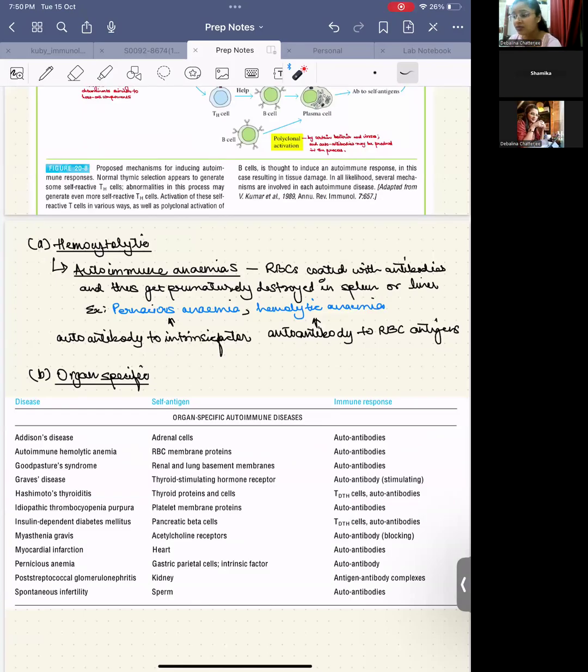So hemolysis, which is a very noted fact in autoimmune anemias, wherein we have the antibody molecule coating the blood cells, most likely the RBCs or some of the important factors which are required for RBC development. They could become the target of the autoantibodies, and because of which the cells are destroyed before they get a chance to perform their function.